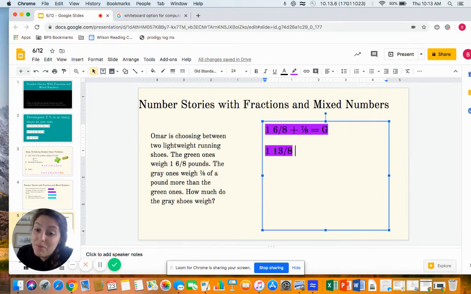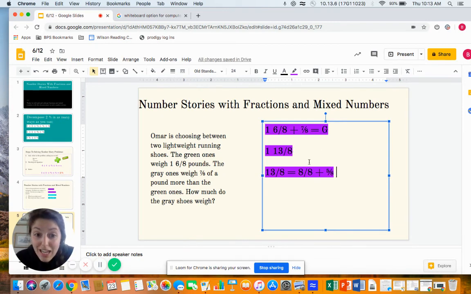To turn this into a mixed number, I'm going to take my 13/8 and see how many whole groups of 8 I can make out of that to then add to my whole. I know that when I have 13/8, I can make another whole group of 8. If I was to decompose 13/8, I could decompose that into 8/8 and 5/8.